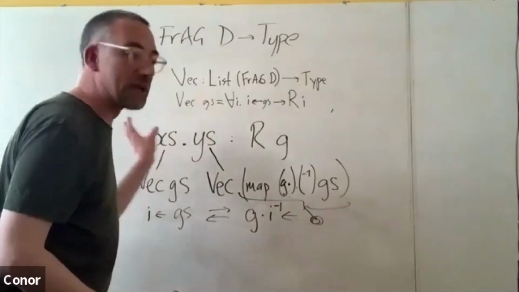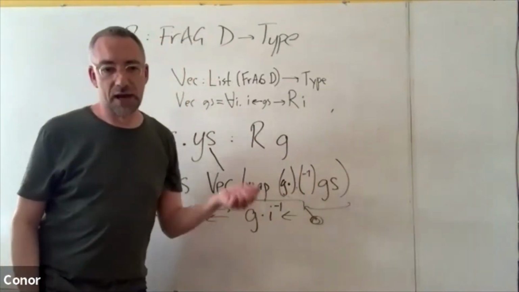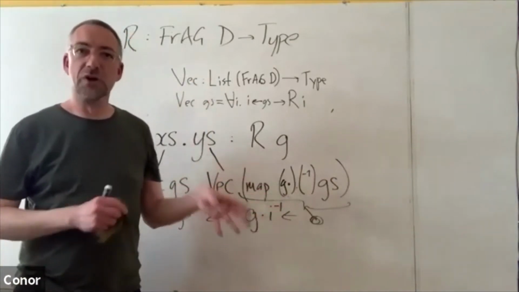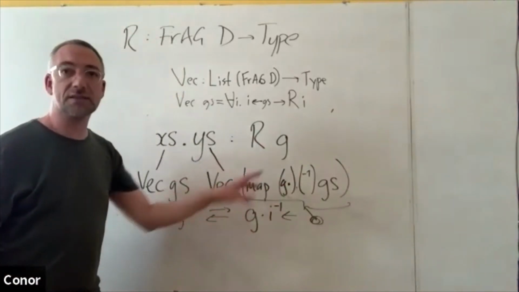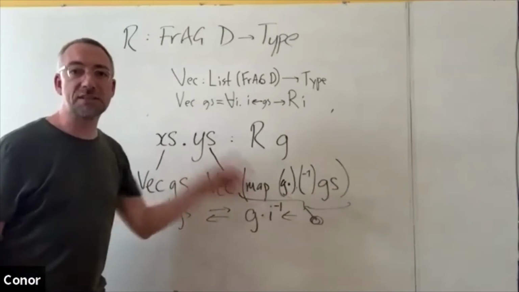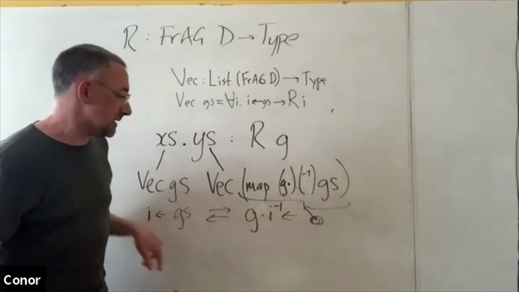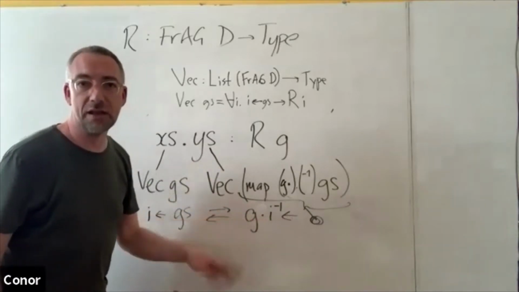So the point is, yeah, we can now express these structural conditions that ensure the operations we're going to do match up. But it's absolutely mission critical that the type checker can muster enough group theory to see why these things match up, to see why I times G times I inverse is G in an abelian group.